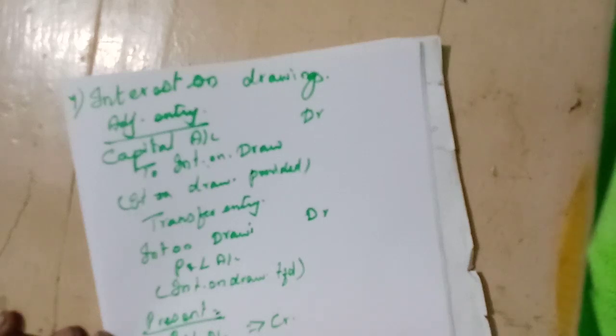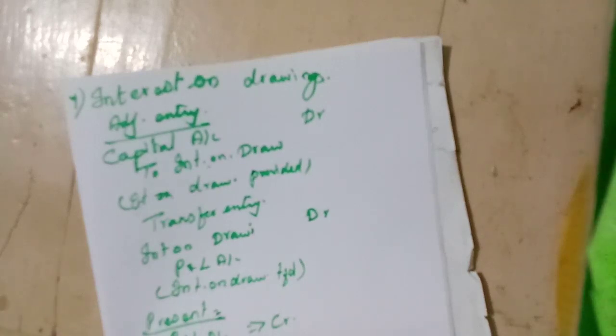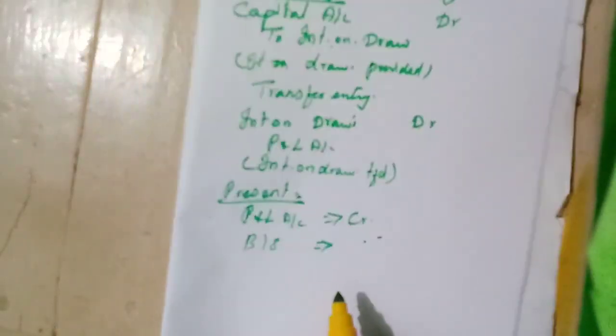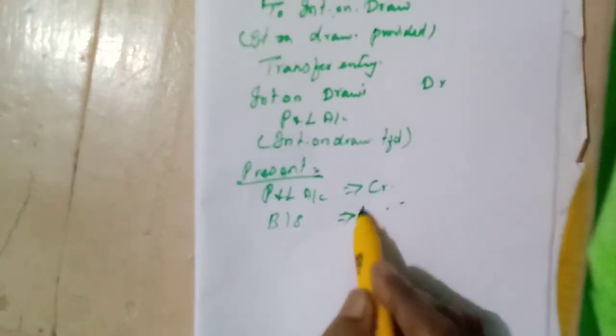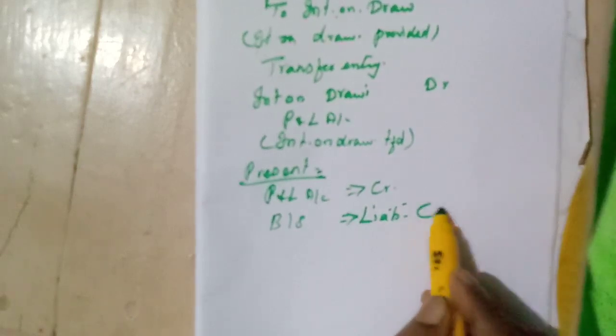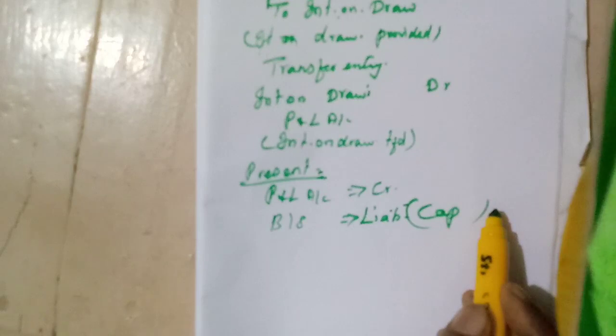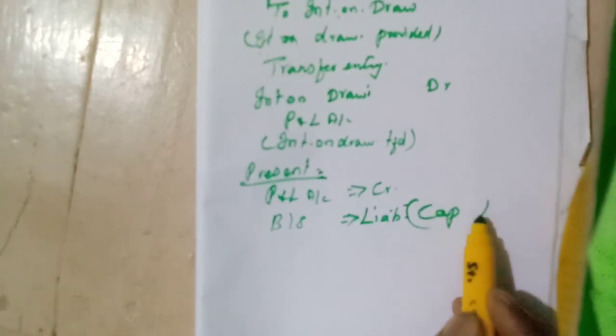So that is an asset, isn't it? The balance sheet, the liability side, adjusted with the capital.